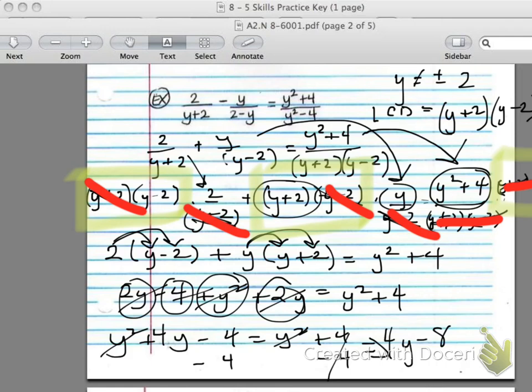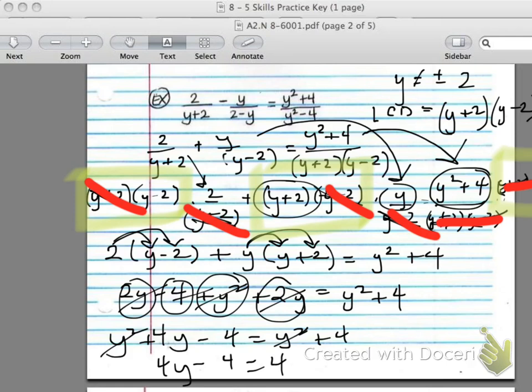You know what, let me go back a step or two, sorry. If you already wrote it, it's not a big deal. I went ahead of myself because I was in quadratic mode. We canceled out the quadratics right here, canceling out your y squared, which left us with 4y minus 4 equals 4.